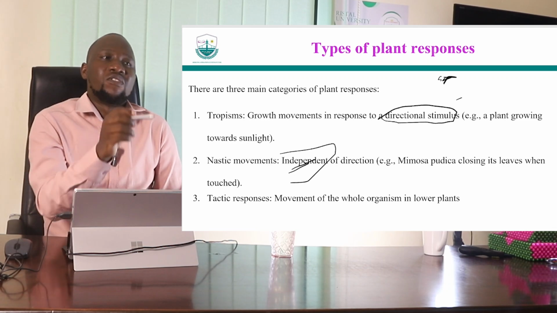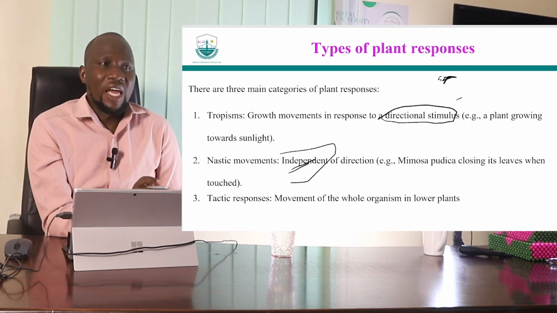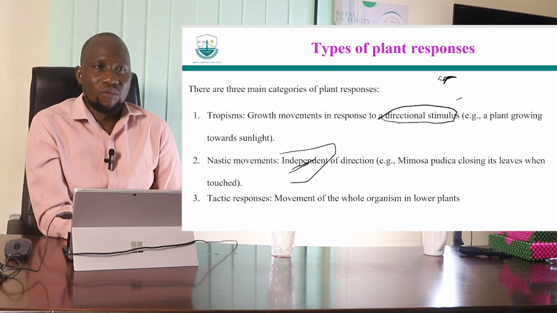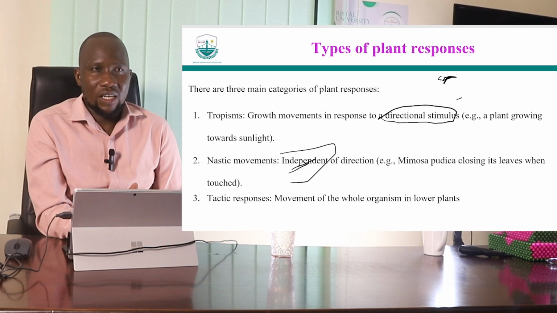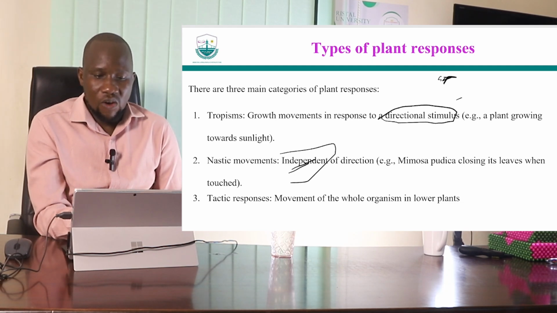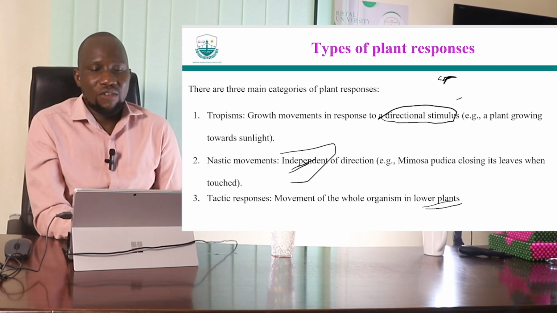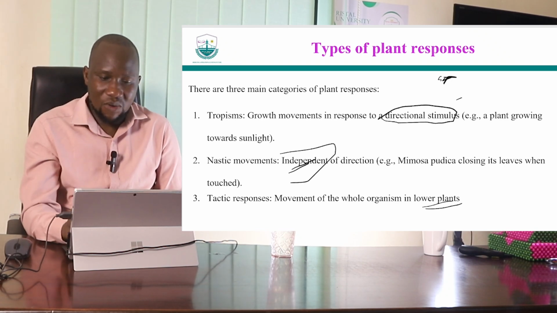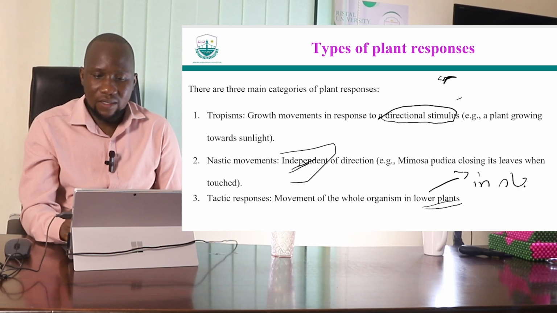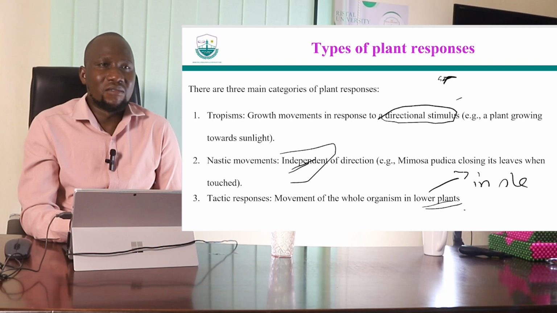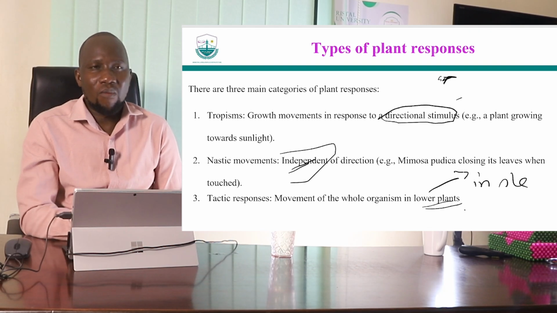We say positive if it moves towards the stimuli, and negative if it moves away from the stimuli. Okay, so that is very important to note there. When we say lower organisms, I mean lower plants in this case, we are basically referring to plants that are not complex. We can say these are simple plants. They're just simple plants.